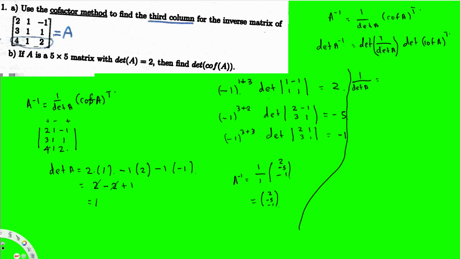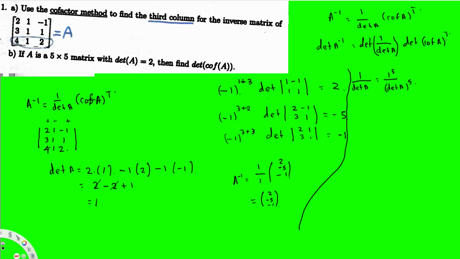So for the 1 over determinant A we have to treat it as a number. When you take a determinant of a number times a matrix, you have to raise it to the power of the matrix size, 5 by 5. So if it's 4 by 4, you power by 4, whatever the matrix size is. So in this case we are going to raise this to the power 5, and this is going to be 1 over determinant A to the power 5.